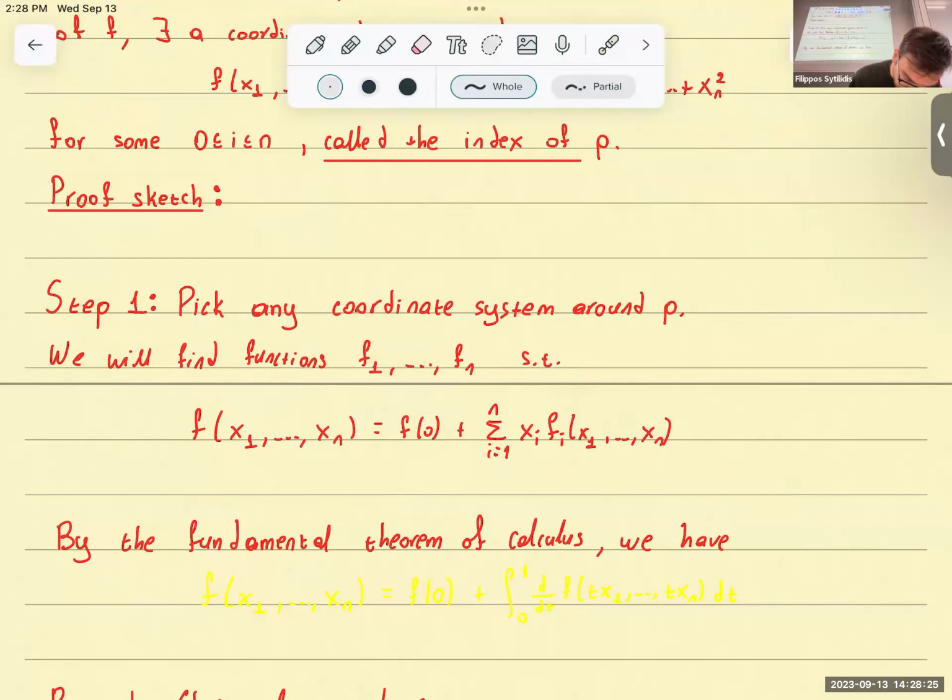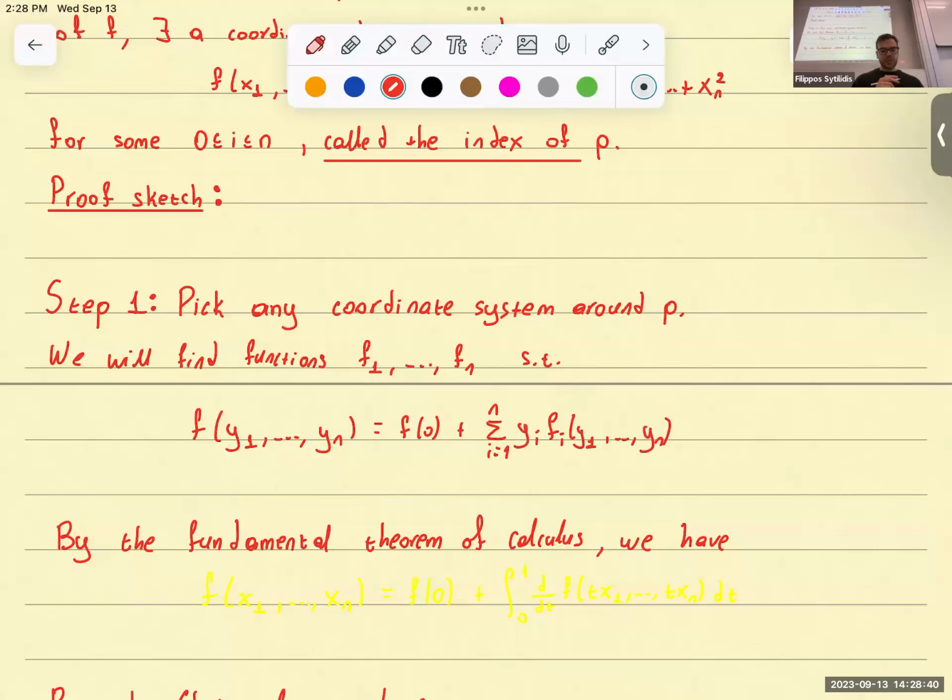And actually, one thing that's a little bit confusing in the way I wrote it, I should use a different name here, because this coordinate system is not the one we're going to end up with. It's a coordinate system that we're going to make coordinate transformations on.